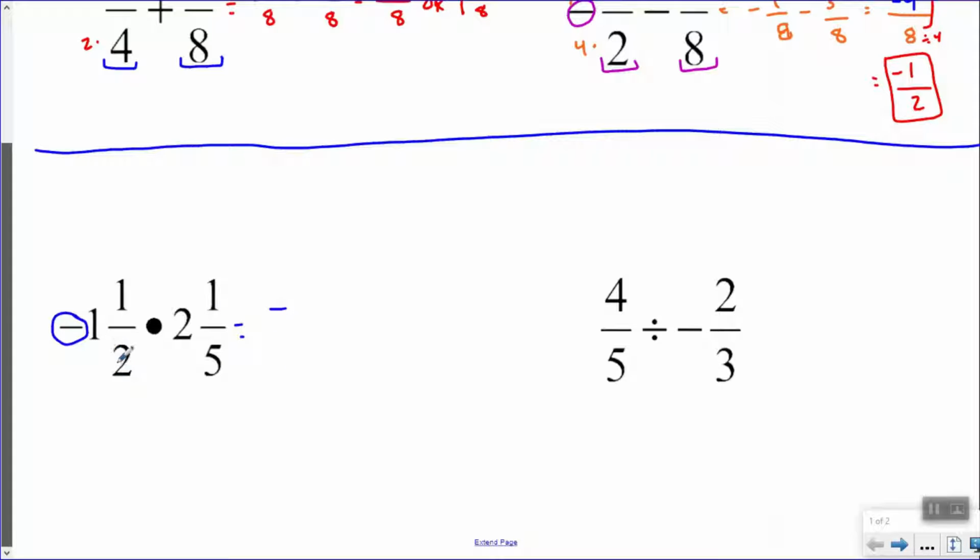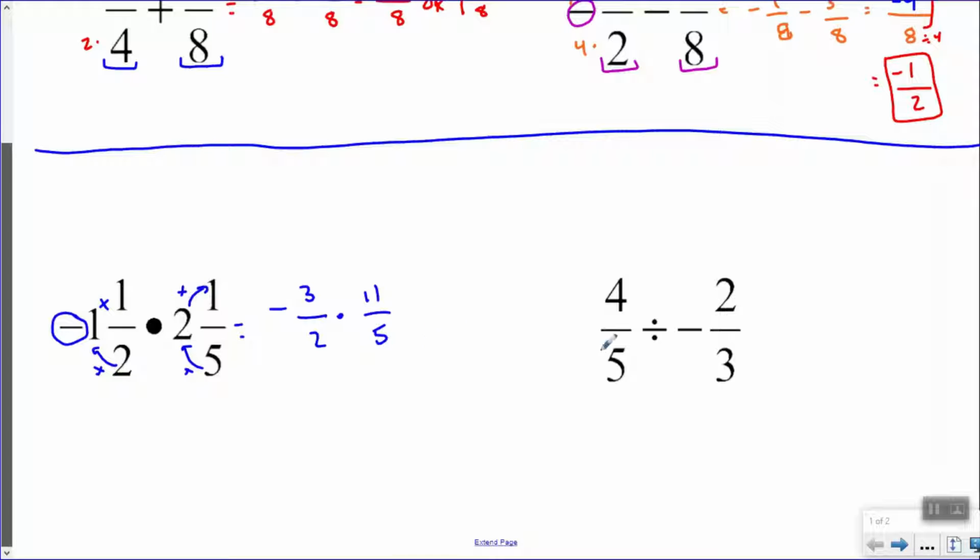Then I do 2 times 1, which is 2, plus 1 is 3. So I have 3 over 2, and then we do the same process here. So 5 times 2 is 10, plus 1 is 11. So we have 11 over 5.